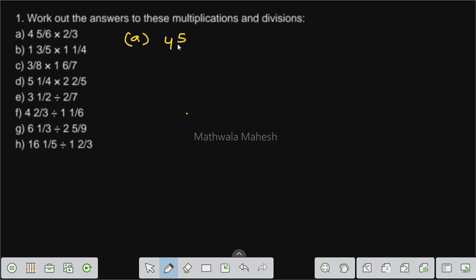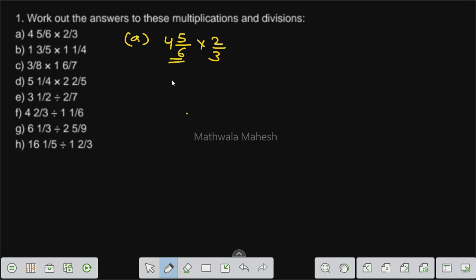4 and 5 by 6 into 2 by 3. So we know that this is a mixed fraction, so we have to change this number into an improper fraction. What is the process?